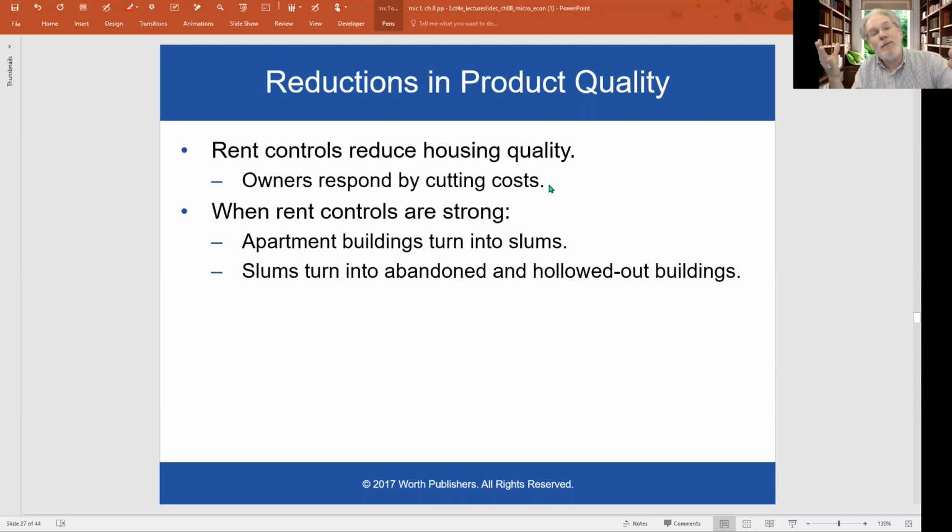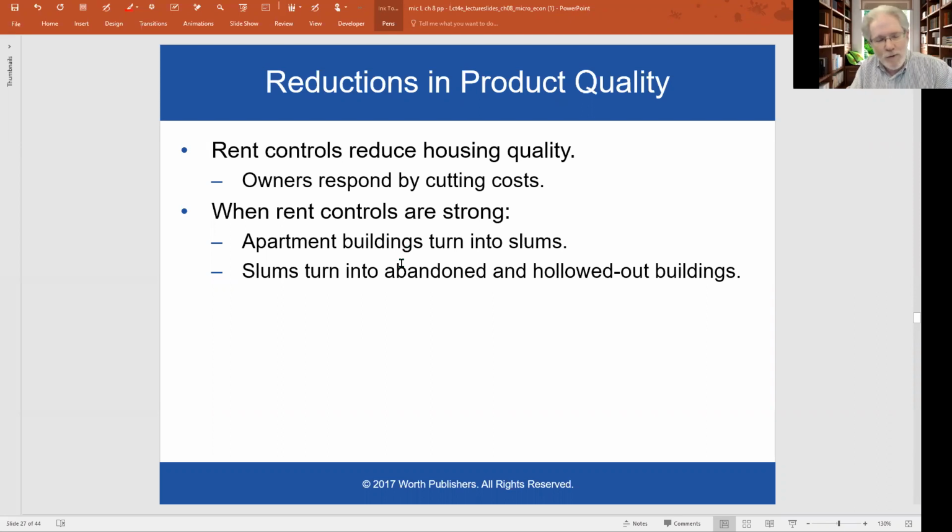If the government says we're not going to allow you to charge the same price, then the producers in effect say, okay, if we have to charge a lower price, then we're not going to provide as high a quality product. We're going to let the quality go down. We're not going to maintain the quality at the existing level. And when rent controls are strong, apartment buildings turn into slums.